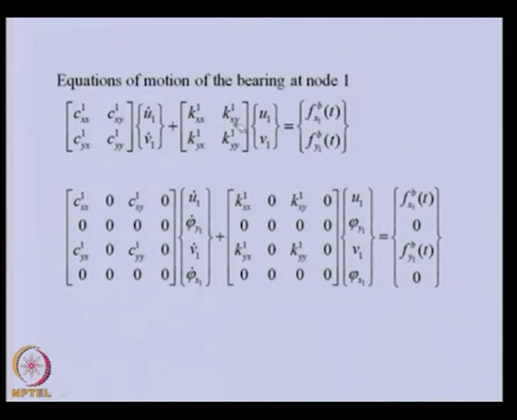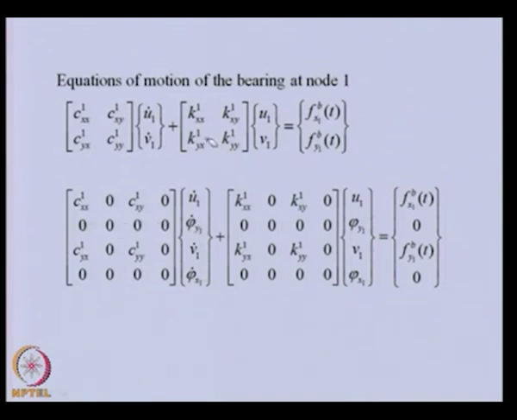Now, this we can expand like this, because this is for node 1. Bearings we are defining in terms of the linear displacements only. So, we are not considering the stiffness and damping because of the tilting of the disc or tilting of the shaft, only the linear motion we generally consider. So, if we introduce the tilting also, the corresponding terms will be 0.